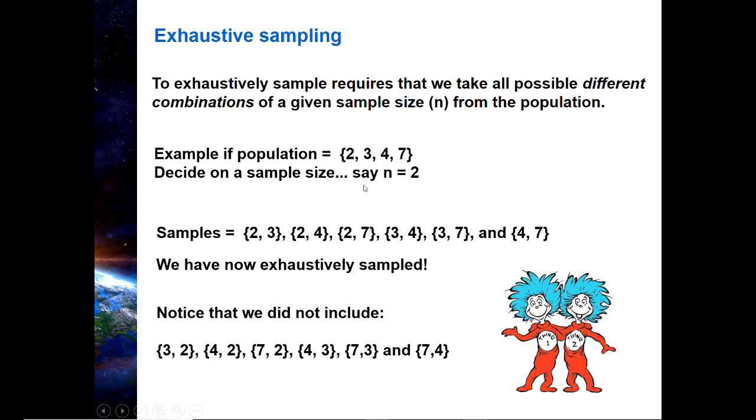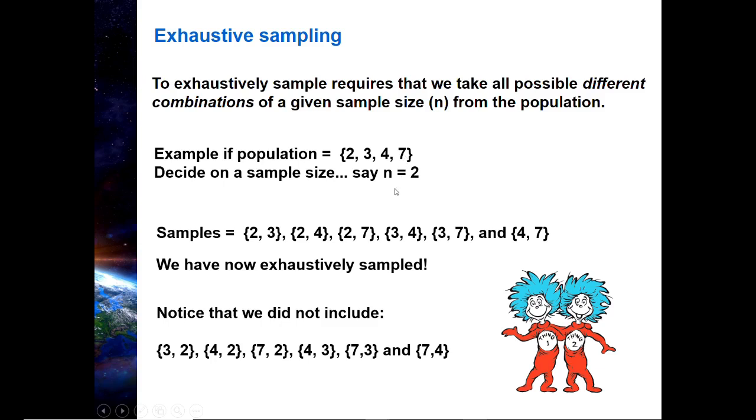Now, there's a reason why I didn't give you a larger population here, because when we see populations get bigger and bigger, so does the number of unique samples grow. In fact, it grows exponentially. So even if I had a population of 10, you think, oh, that's really small, right?